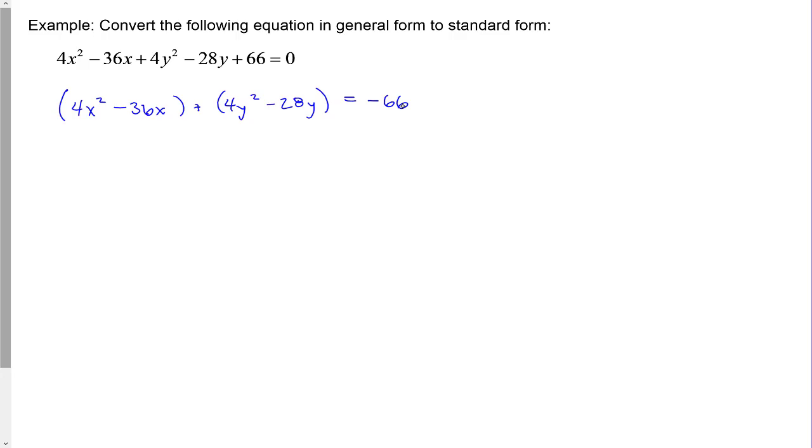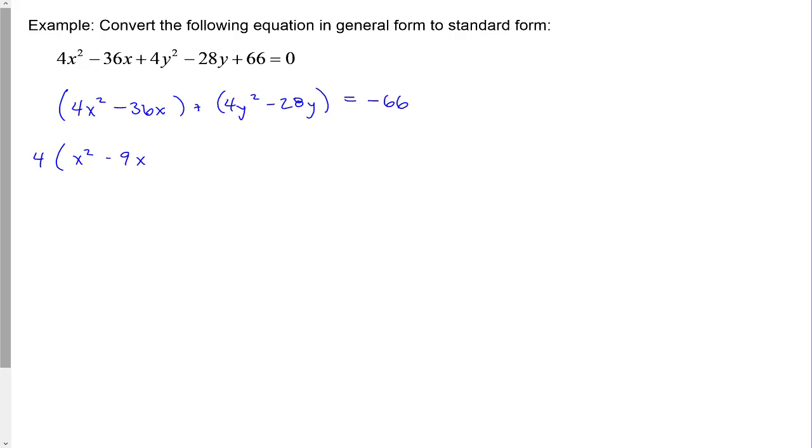Now, in completing the square, I have to have my leading term be a perfect square. So x squared is fine, y squared is fine, but 4x squared is problematic. In order to handle that, I need to factor out the 4. So I'm going to take 4 out of this set of parentheses, which would leave me with x squared minus 9x.